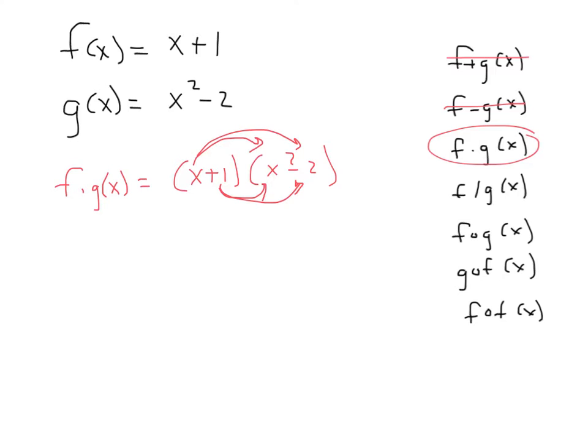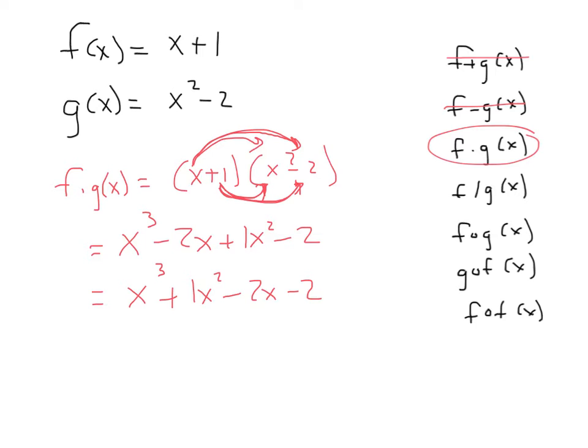X times x squared is x cubed. Then x times a negative 2 would be negative 2x. Now make sure 1 gets to meet x squared, and you'd have a positive 1x squared, and 1 gets to meet negative 2, so you'd have a minus 2 at the end. So now you can just combine like terms, x cubed plus 1x squared minus 2x minus 2.